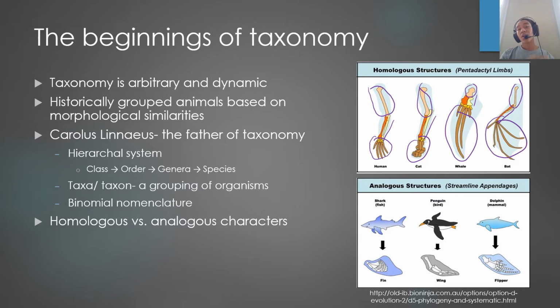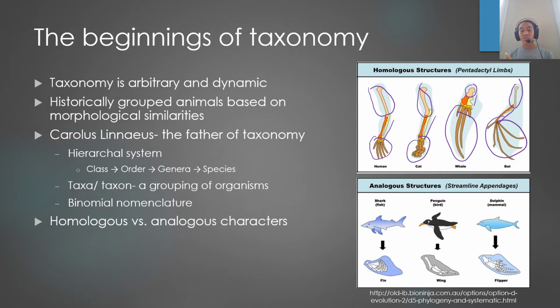On the other hand, you have analogous traits. These characteristics are based on common selective pressures that organisms faced. There was a common shared selective pressure, and so they evolved similar characteristics.